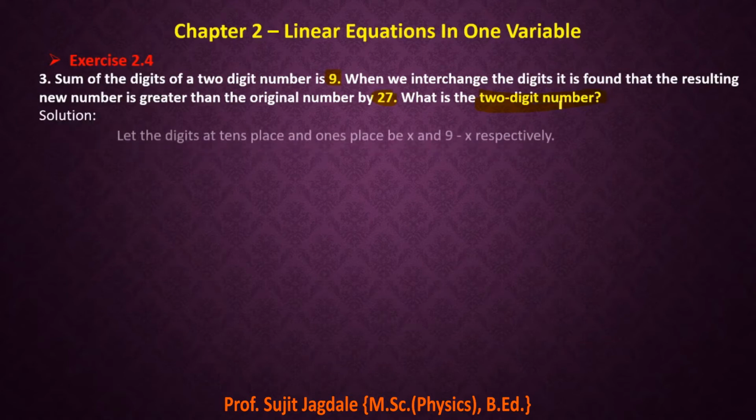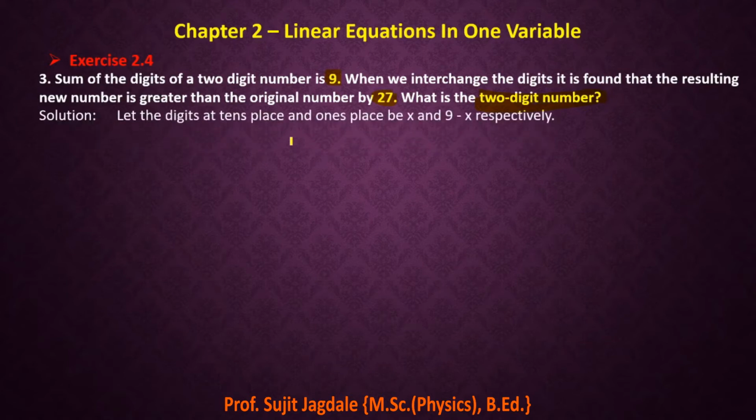First of all, we have to consider the digit at the tens place to be x. So therefore the ones place is going to be 9 minus x. How did this come? The addition of the two digits is 9.